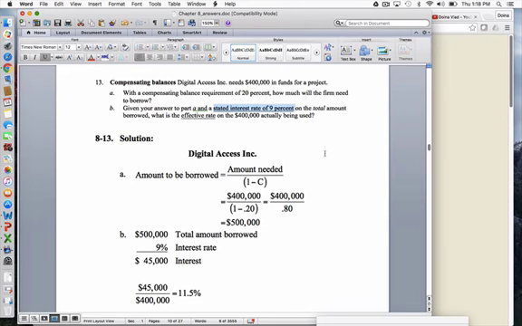So the stated interest rate, 9% applied to how much you borrow, is $45,000. However, you only get to use 400,000 of this amount, so 45,000 that you have to pay anyway, divided by 400,000, effective interest rate comes out to be 11.5%.